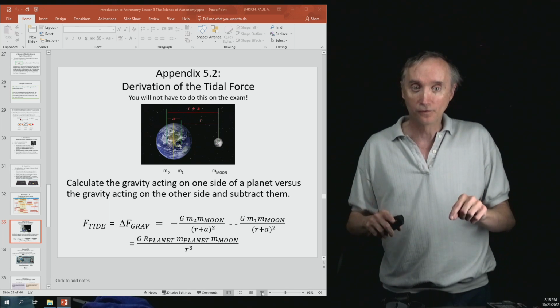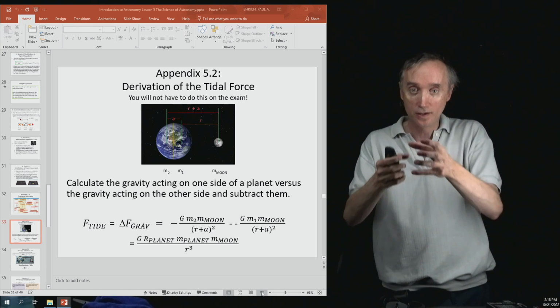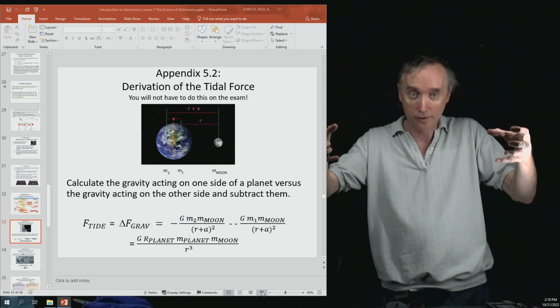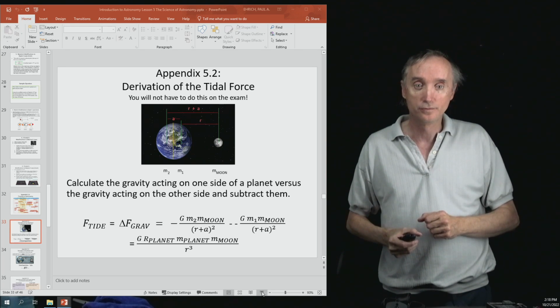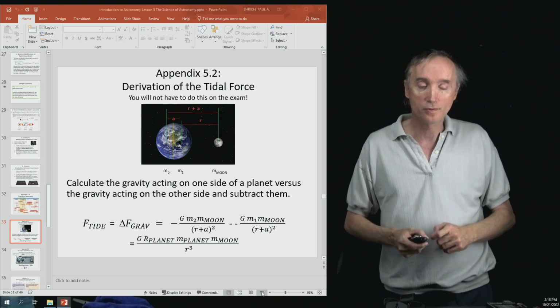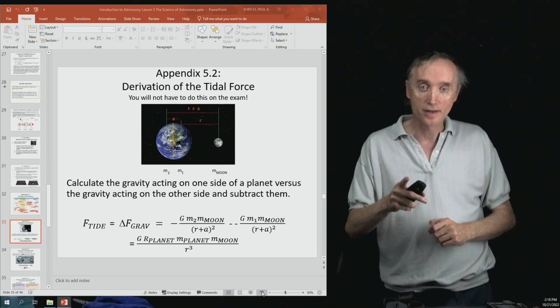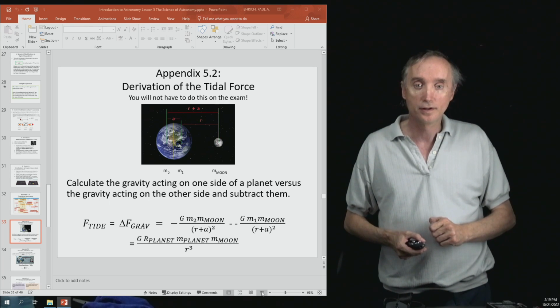And then that difference in the forces is going to be what's going to pull the water out on either side. So if you want to just do some of the algebra on that to prove that that really is how you get that formula.